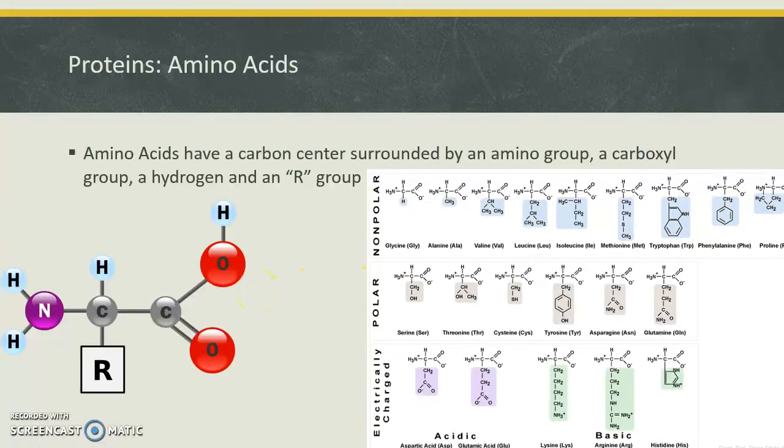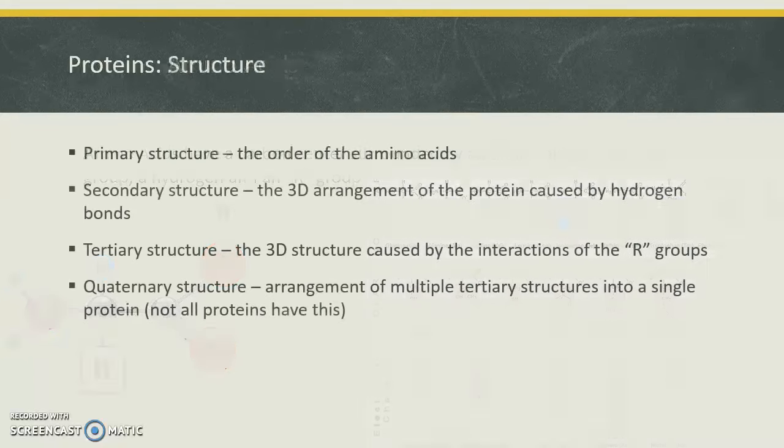I think this is a good example to really see what an R group is. So those R groups make all of those amino acids different. So you can see that some are acidic, some are basic, some like water and are polar, some do not like water, they're non-polar. So there's all different kinds of proteins. And that really has to do with what the R group is.